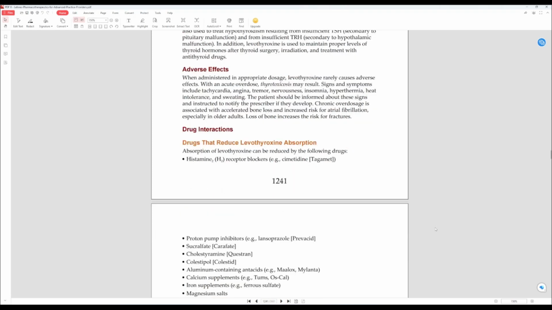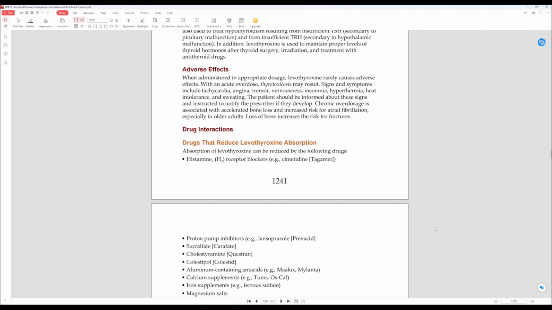But with all good things, there come adverse effects. When administered in appropriate dosage, levothyroxine rarely causes adverse effects. With an acute overdose, thyrotoxicosis can result. Signs and symptoms include tachycardia, angina, tremor, nervousness, insomnia, hyperthermia, heat intolerance, and sweating.